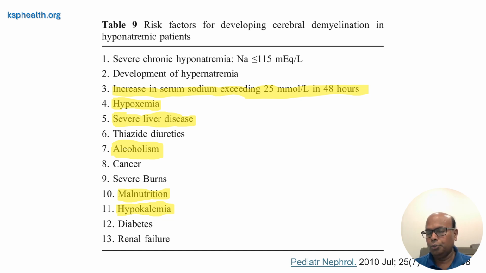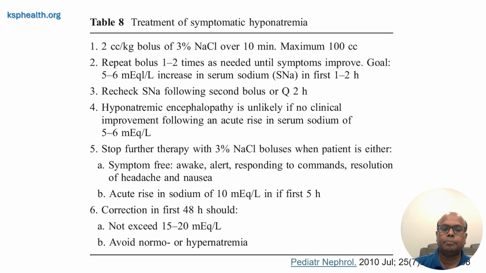And to be very safe, do not exceed more than 8 milliequivalents per day. Avoid hypoxemia, severe liver disease, alcoholism, malnutrition, and hypokalemia. All those factors can cause or predispose to hyponatremic encephalopathy.